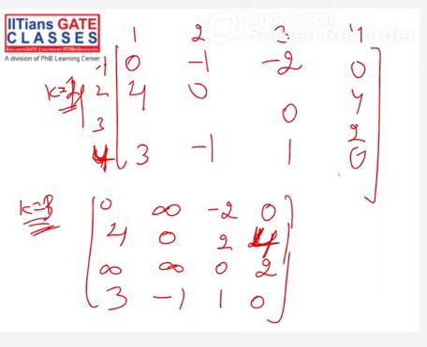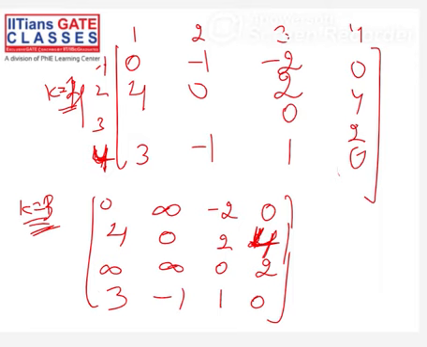Alright. So now 2 to 3 is there. 2 to 4, 4 to 3. 4 plus 1 is 5. And this is 2. So this is still reduced.